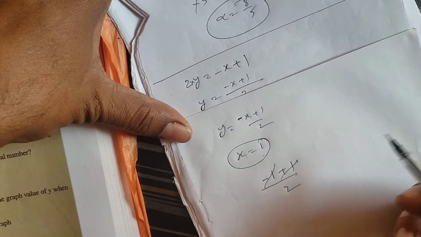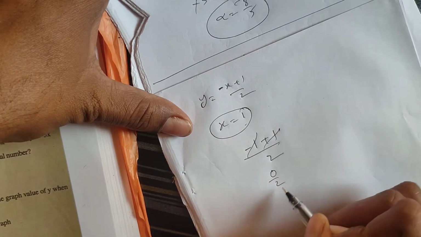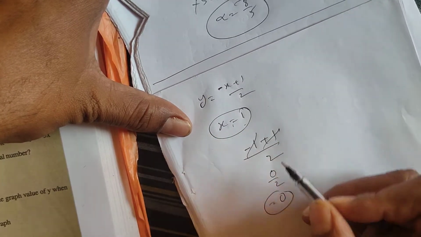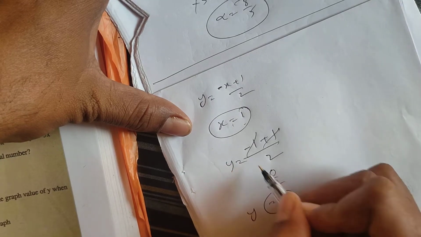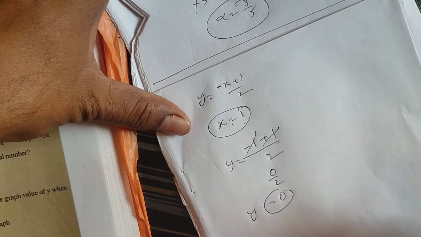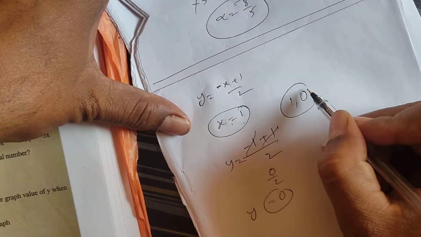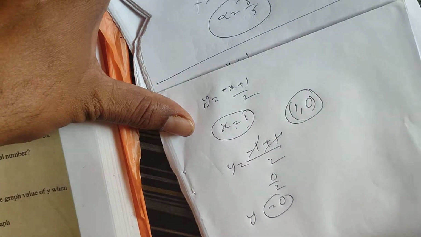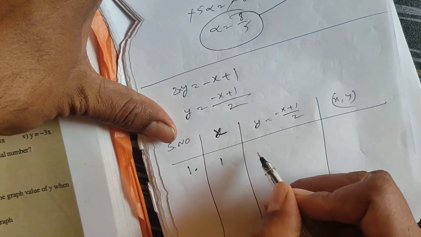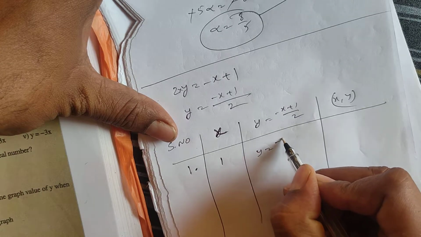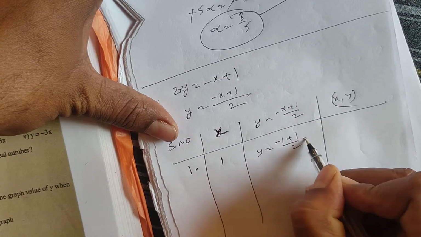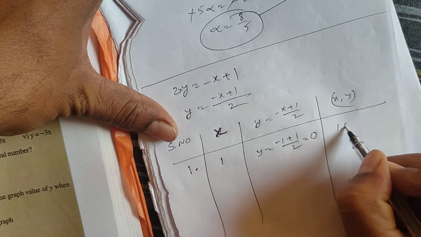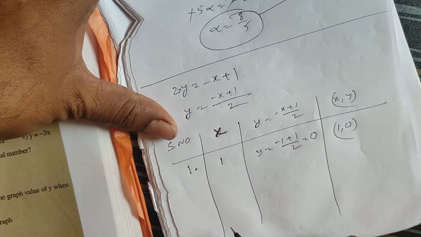Minus 1 plus 1 means 0. 0 by 2 is 0. So if you substitute x is equal to 1, you are getting y is equal to 0. What is the ordered pair? 1 comma 0 is an ordered pair. So here, same, y is equal to minus 1 plus 1 by 2, 0 you got it, 1 comma 0.